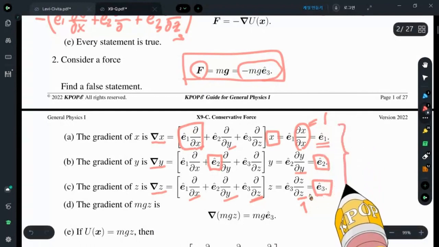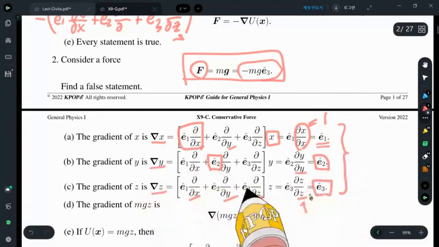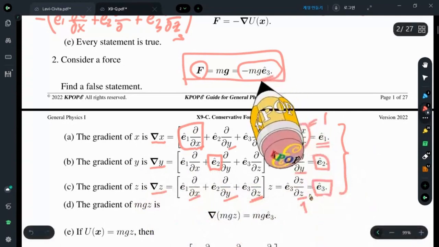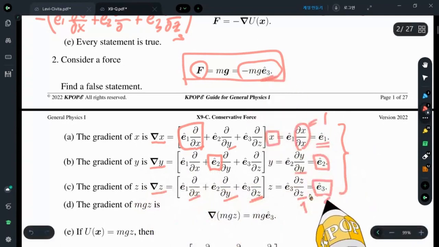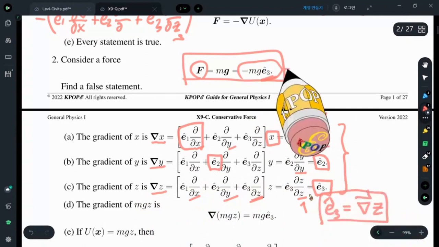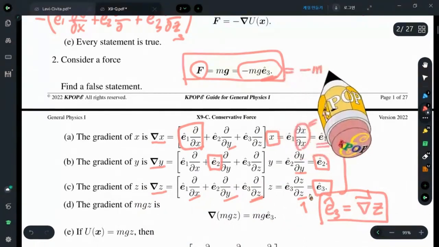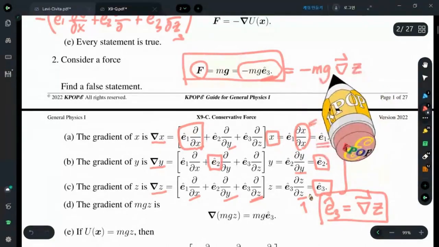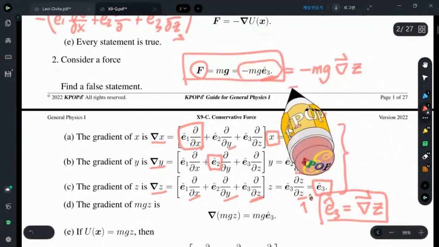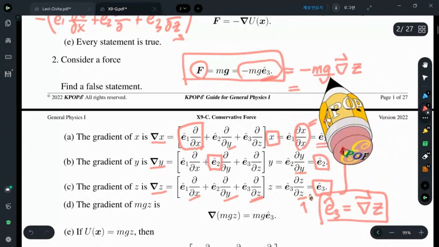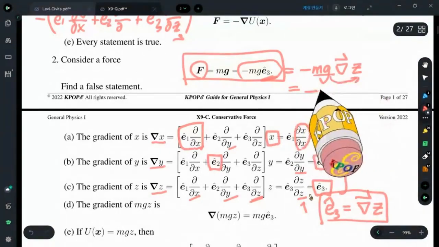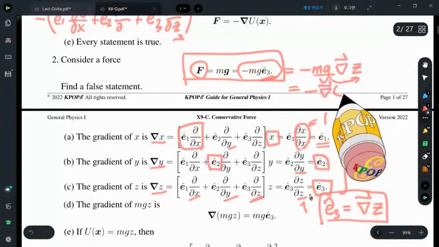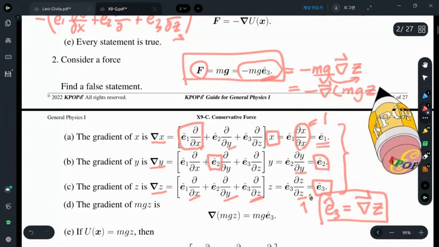Therefore, if I make use of these formulas, e3 hat equals gradient z. So I can replace this one by mg gradient z. And these are constants, so I can move this inside the gradient. So I have minus gradient of mgz.